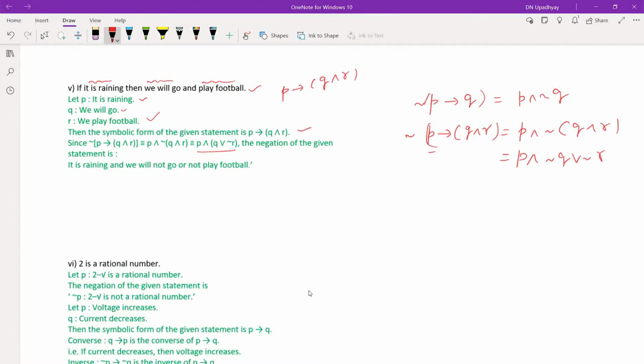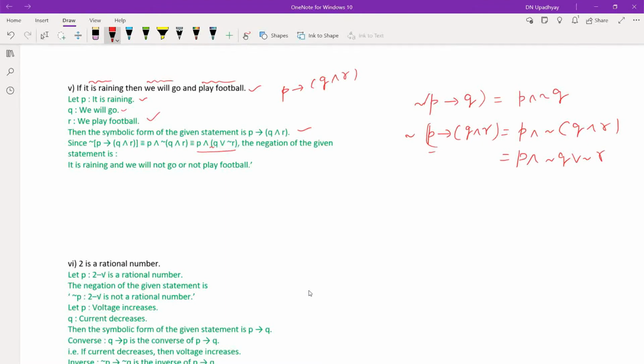P and negation of Q and R, and this will be P and negation. Wait, actually there should be negation, yes.